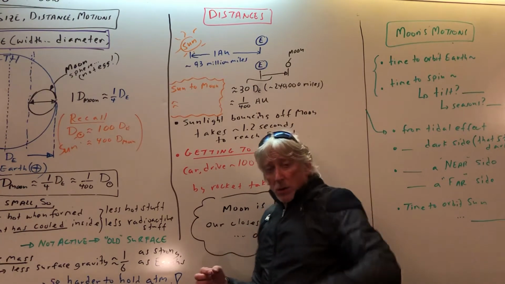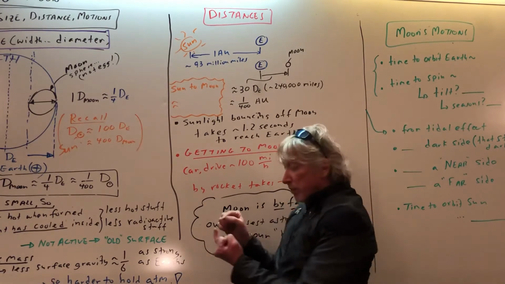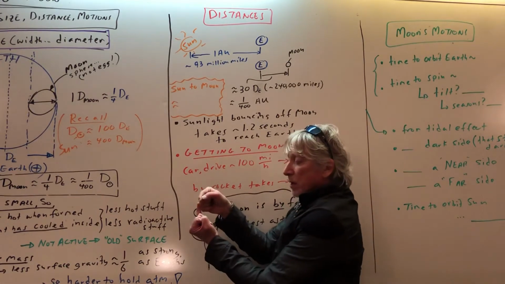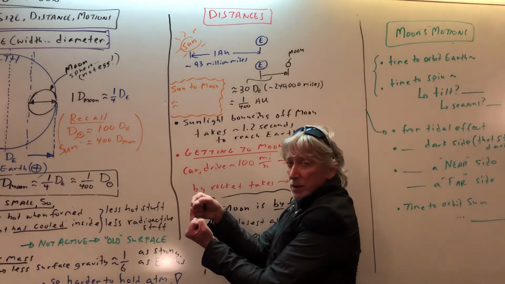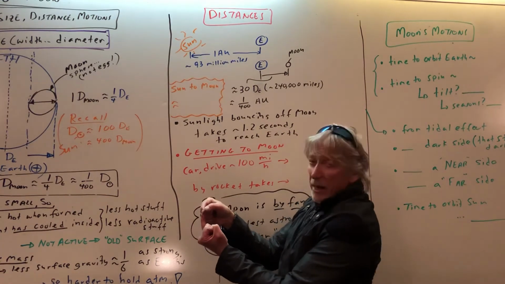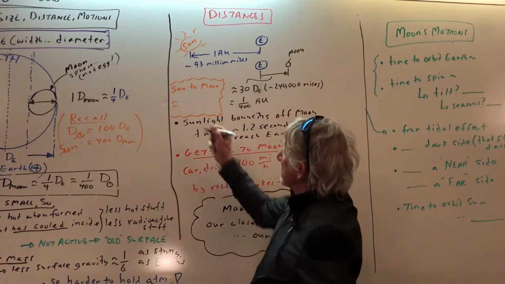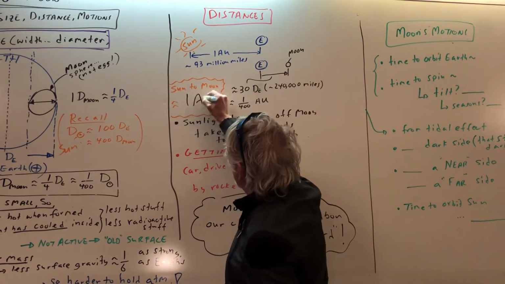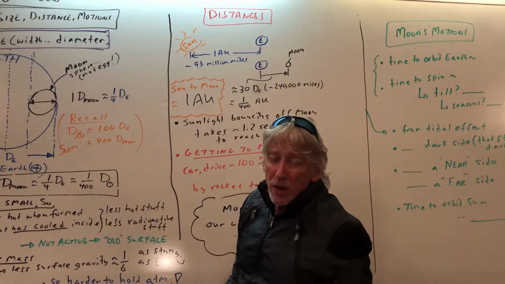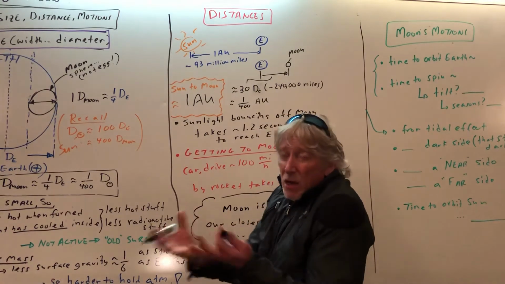Sun is quite a ways away, back of the big room. Earth is here. Moon is right next to us. It's right next to us. It's our backyard. And so, Sun to Moon is about 1 AU. I mean, it's like it's our backyard.